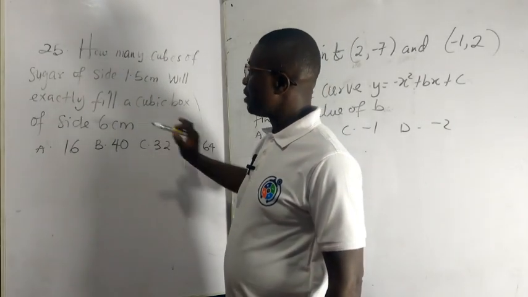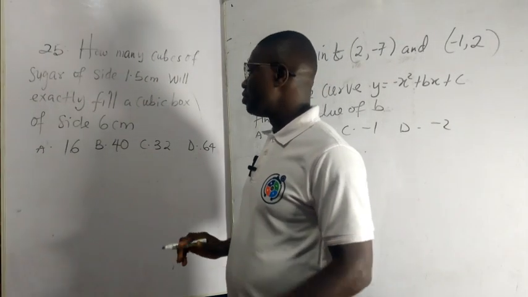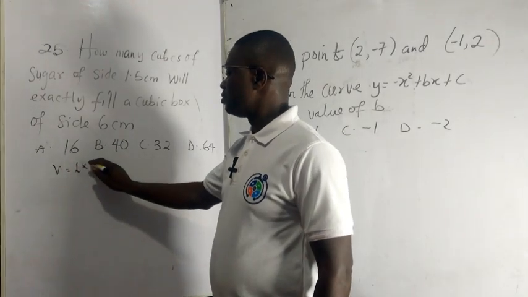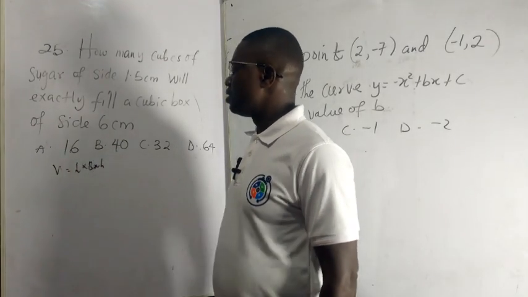So we need to simplify this, and we know that the volume of a cube is the length times breadth times height.